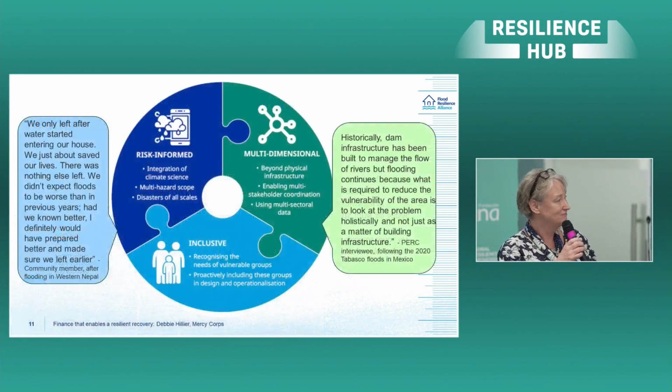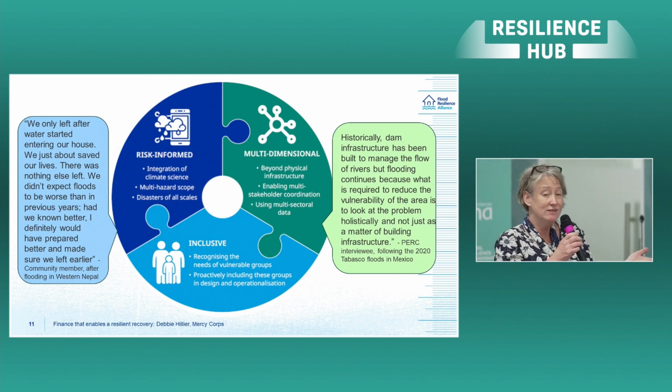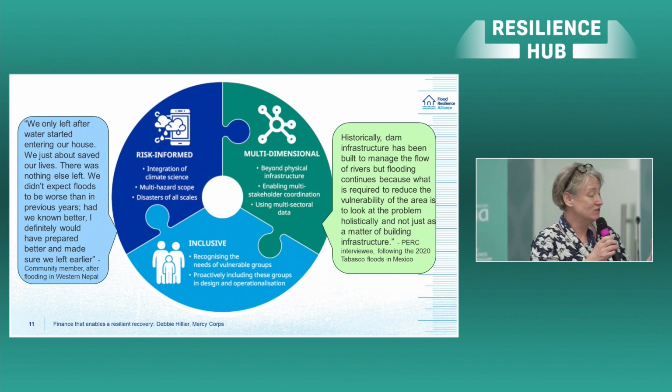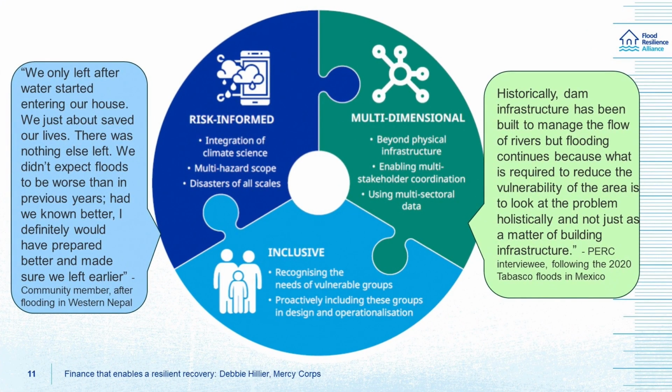And this is how we are looking at recovery. There needs to be three parts of this. Risk-informed: if we're trying to ensure that communities are prepared for the future, we need to know what the future is. That's around ensuring climate hazards are very well understood and a multi-hazard scope. Recovery needs to be multidimensional.